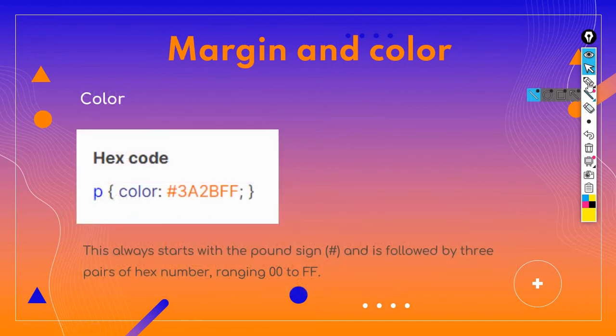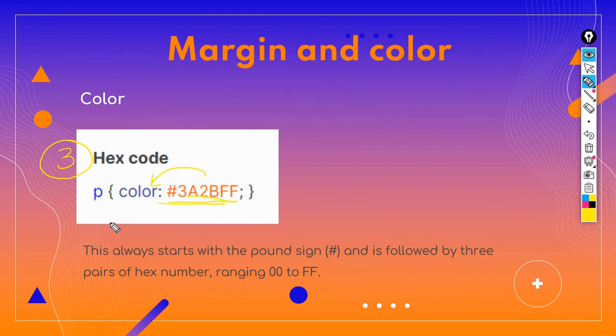The third way is to use the hex code. Just like with this, you set the value to the property color.